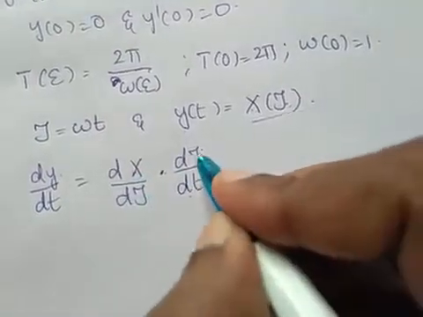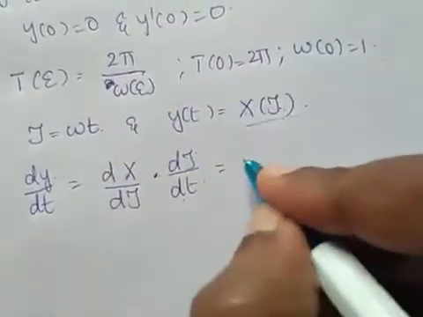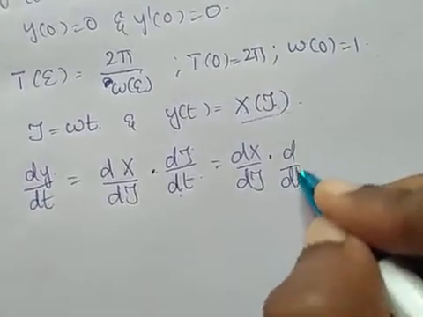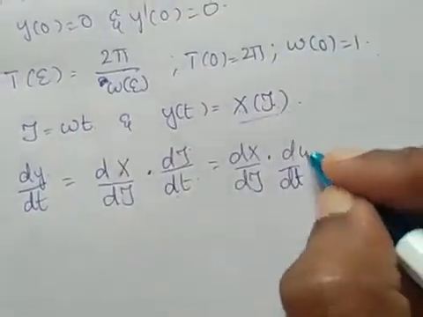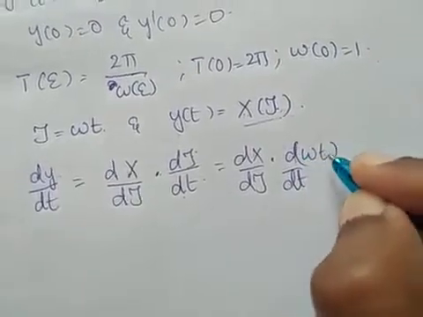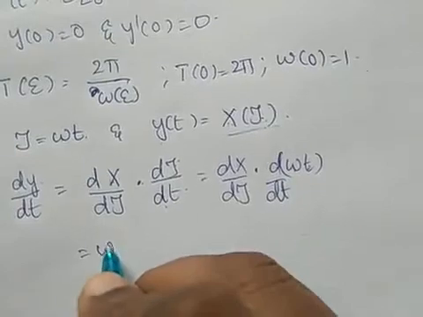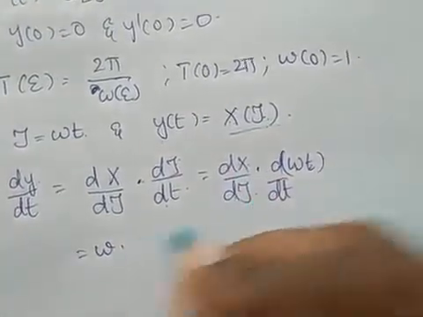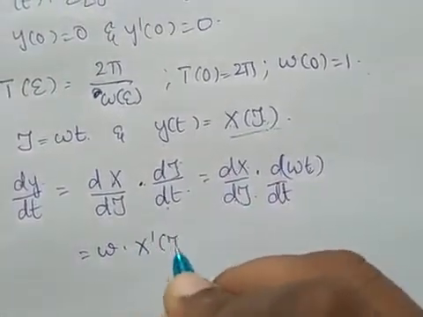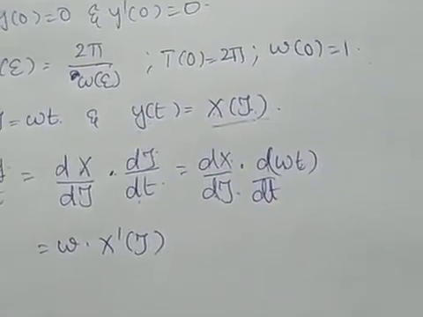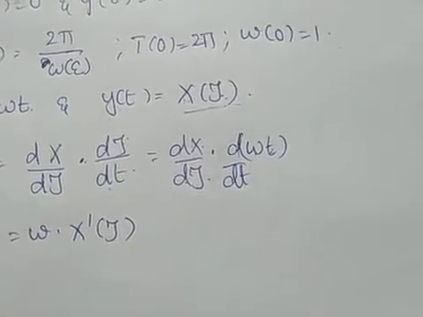What is tau? Omega into t. So dx by d tau into d by dt of omega into t. Differentiation of t is 1, omega is constant. So we get omega into dx by d tau. I will write it as x dash of tau for simplicity. dx by d tau or x dash of tau are one and the same.